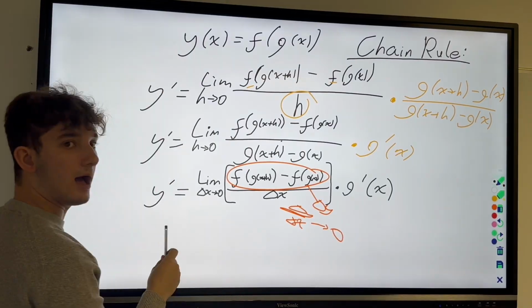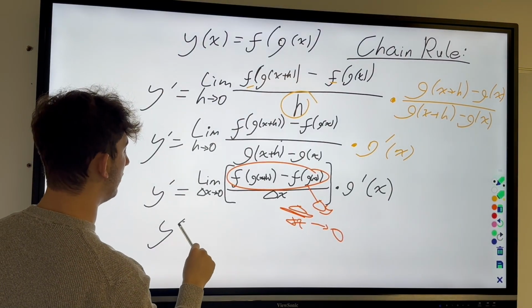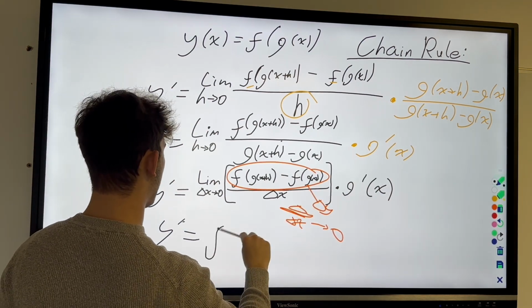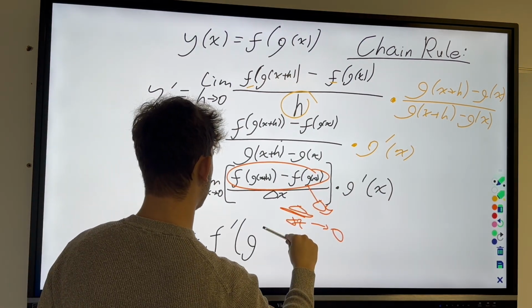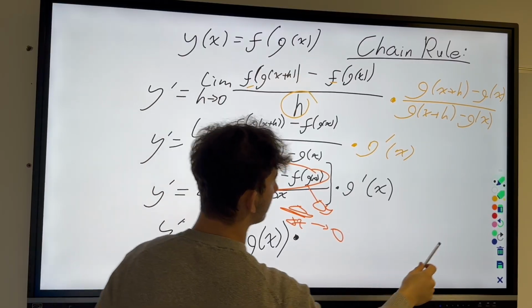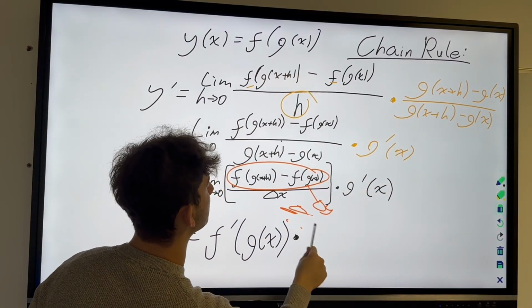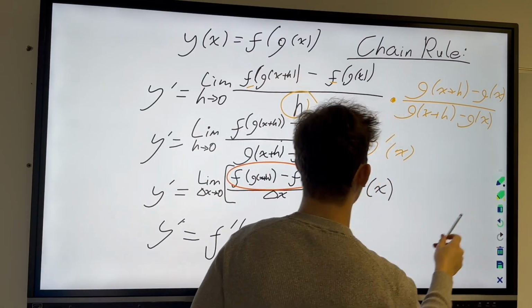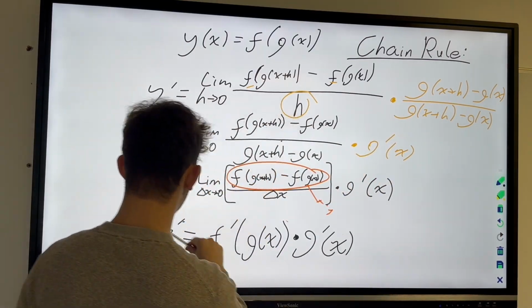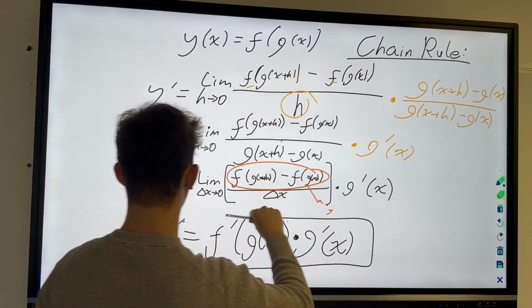Our derivative. And what is it the derivative of? Well, it's of f of g of x. So it'll be f prime of g of x, and then we multiply it by g prime of x, and done.